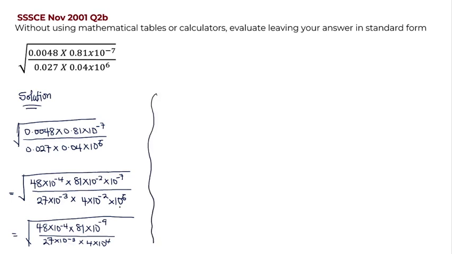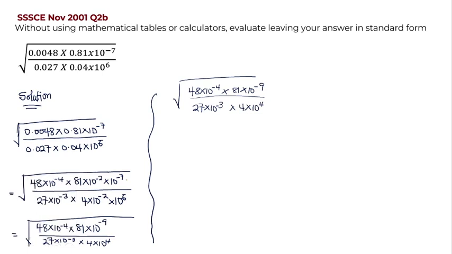So I'm going to repeat what I have over here. I have the root of 48 times 10 raised to the power minus 4 multiplied by 81 times 10 raised to the power minus 9, on 27 times 10 raised to the power minus 3 multiplied by 4 times 10 raised to the power positive 4.